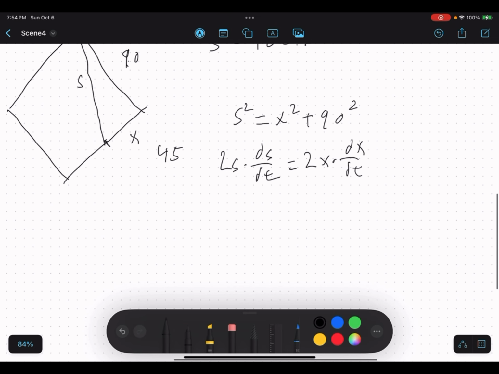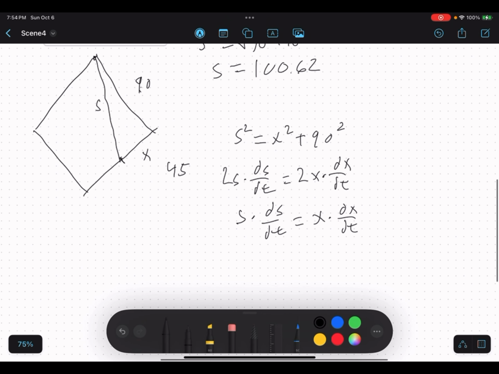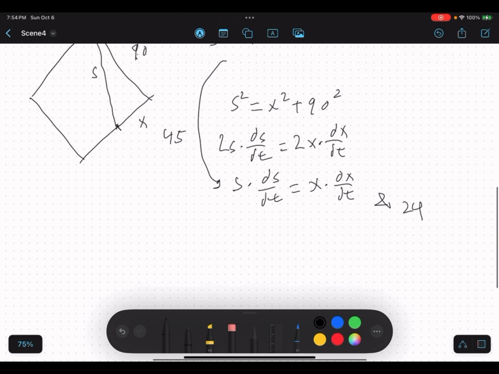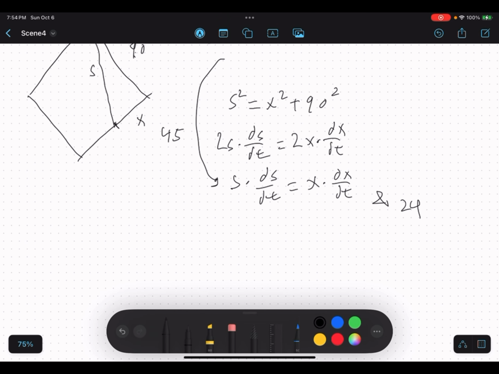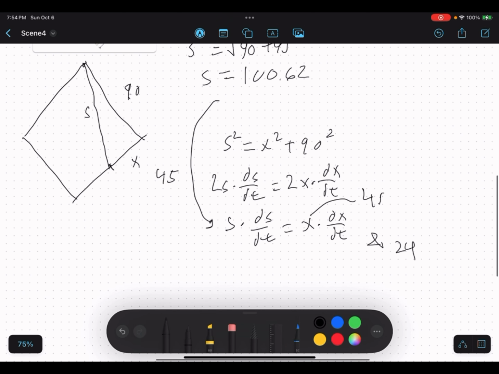Alright, divide both sides by 2. Okay, this is our final equation, and all I have to do now is plug in numbers. So we know S is 100.62, and we know this part is 24. And we know x at this point is also 45.